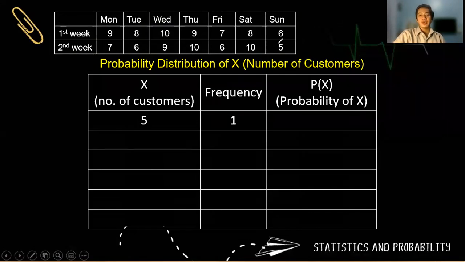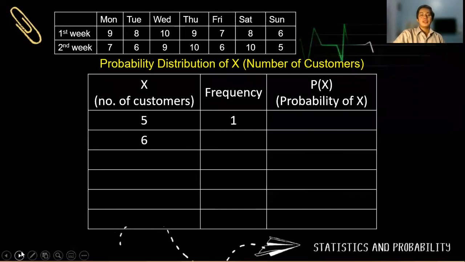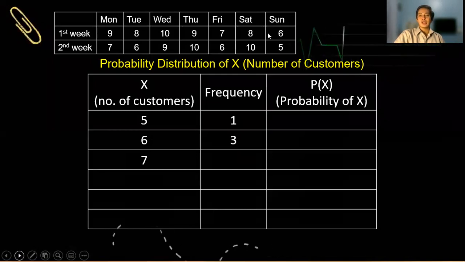It happened on a Sunday of the second week, in which 5 customers went to the parlor shop. And for the random variable 6, let us count 1, 2, 3. Did I miss one? So let's see if that is 3. Correct.